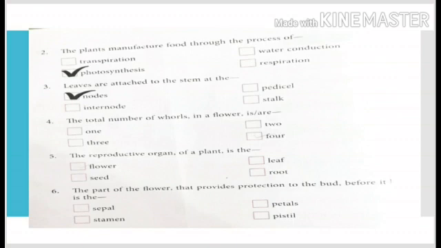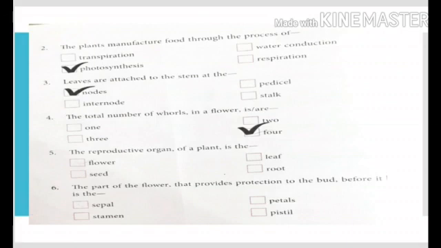Node is the place on the stem from where leaves start to arise. Ready for MCQs number 4? The total number of whorls in a flower are 4. Sepals, petals, stamen and pistil. These are the 4 rings present in a flower.